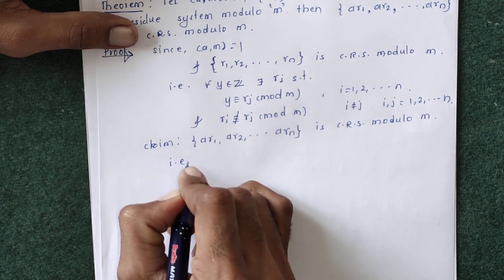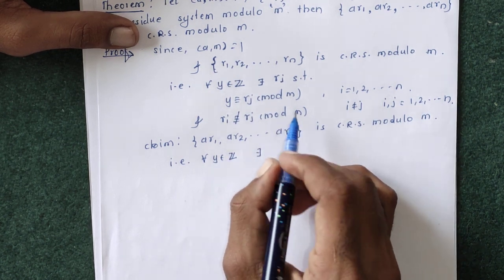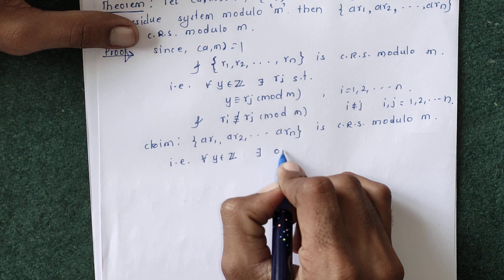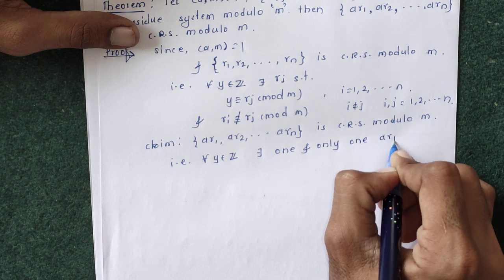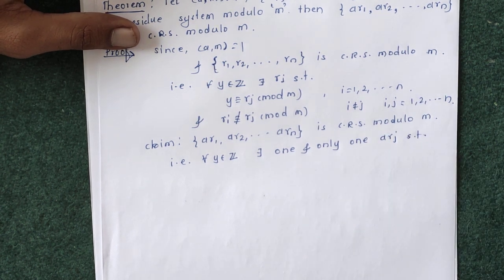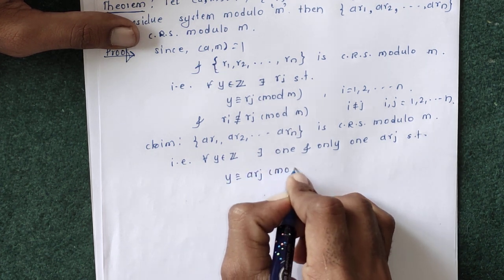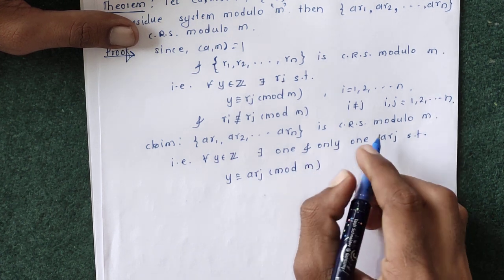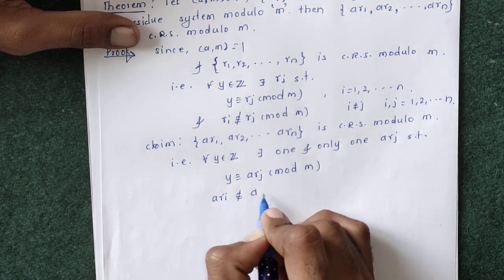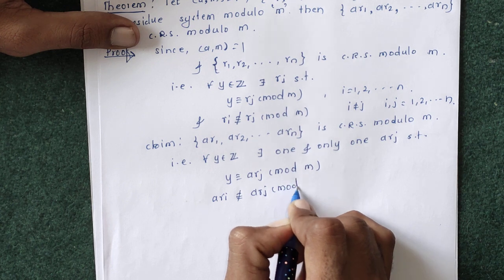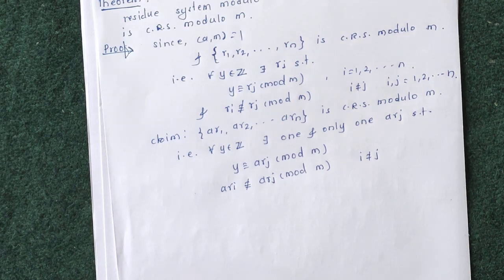That is, we have to prove that for all y belonging to Z, there exists one and only one ARj such that y is congruent to ARj modulo m, and also ARi is not congruent to ARj modulo m for all i not equal to j, where i, j vary from 1 to n.